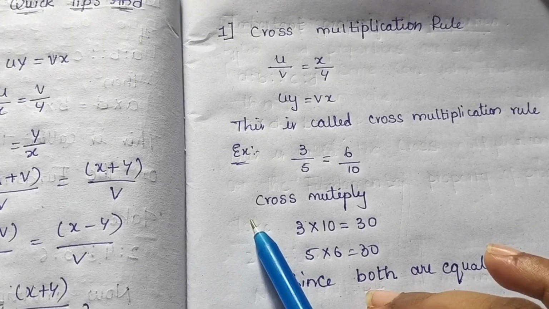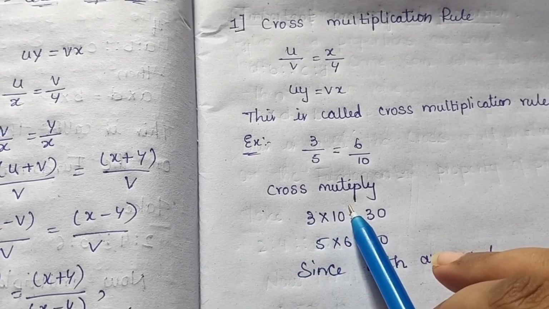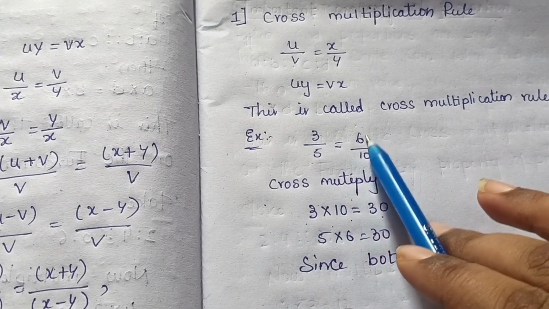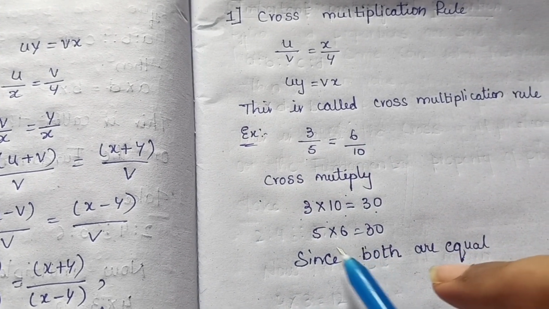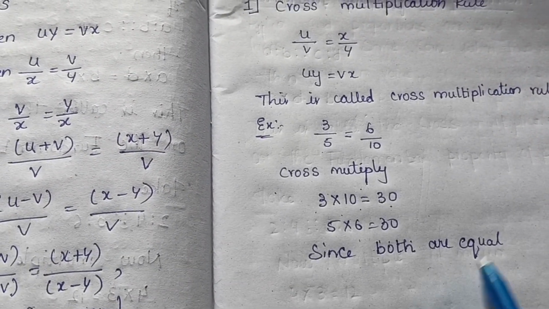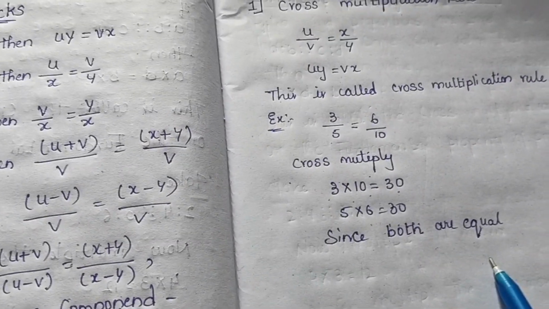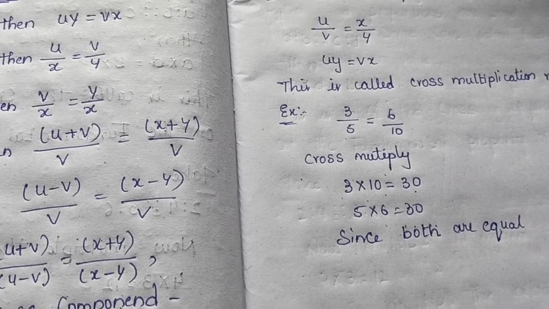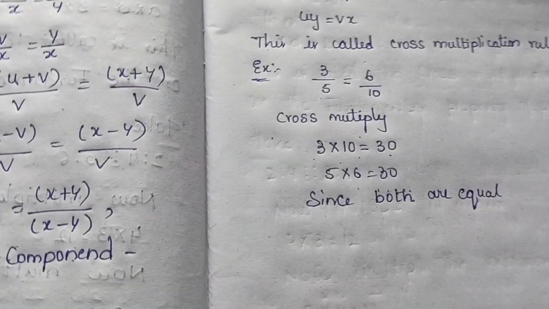Using this rule, 3 into 10 is equal to 30, and 5 into 6 is equal to 30. Since both are equal, the given ratios are equal. This is the quickest method to check whether two ratios are proportional.